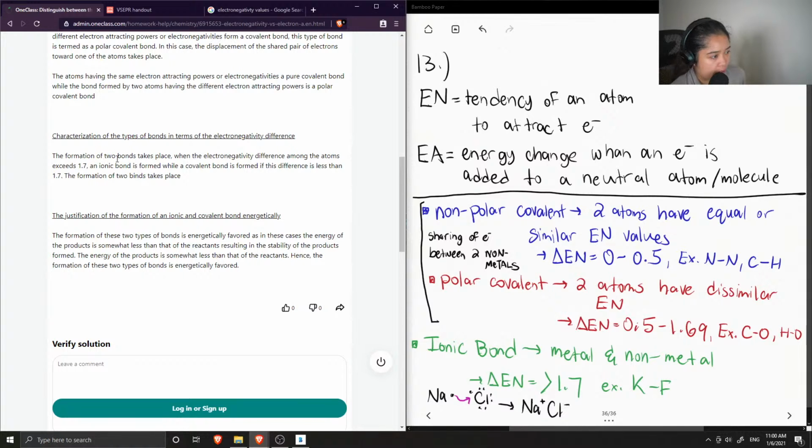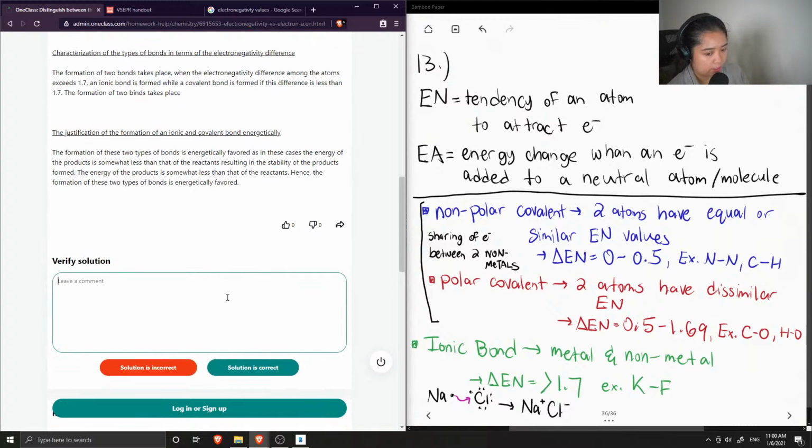When the electronegativity difference among the atoms exceeds 1.7, it's ionic, and if it's less, then it's below 1.7. Okay, so I'll also add the ranges for nonpolar and polar covalent. So this solution is correct.